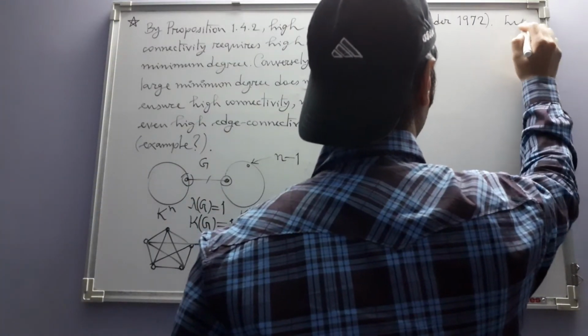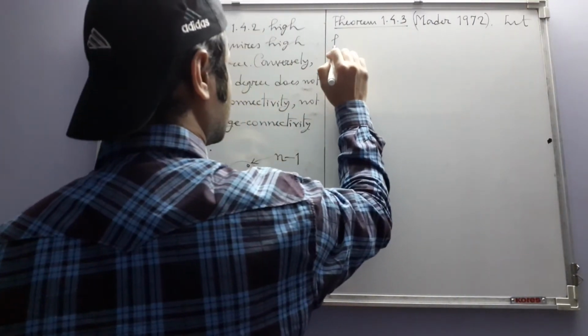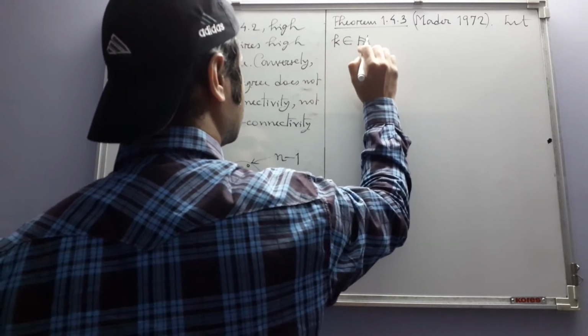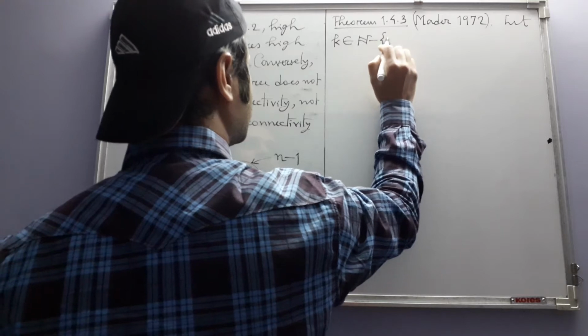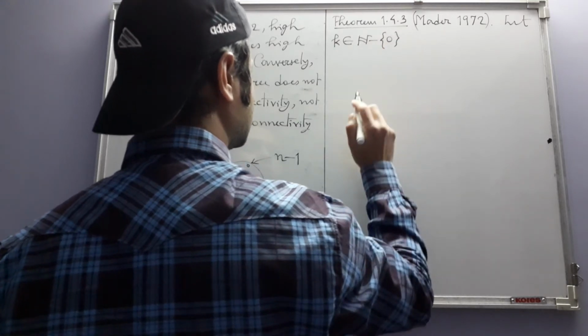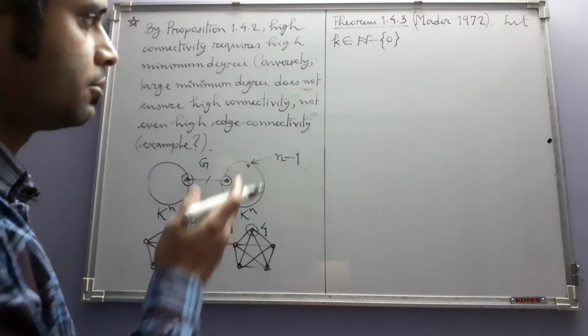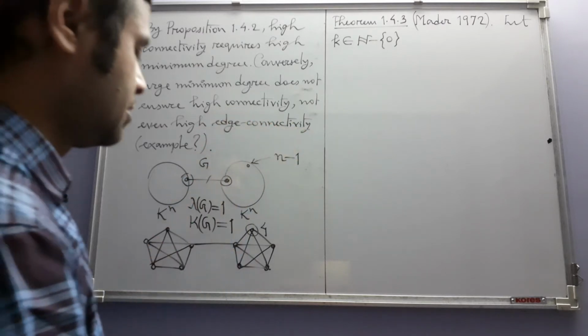Let k be a positive integer. Since the set of natural numbers for us contains 0, this means k is a positive integer.